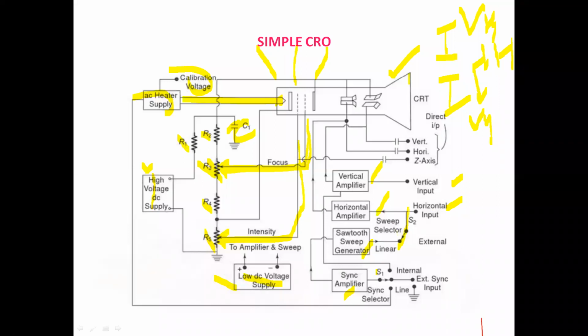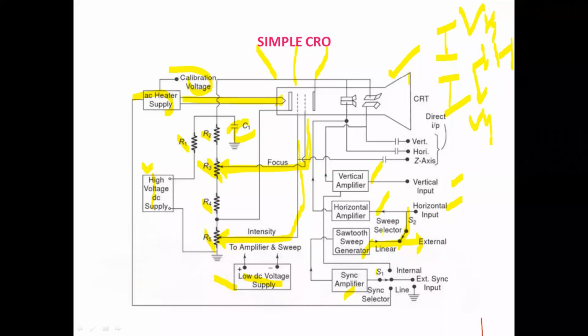Linear means the output of this sawtooth sweep generator, which is a sawtooth waveform, is given to the horizontal input. If it is connected to external, then we have to give an external supply. The sweep voltage is amplified before being applied to the horizontal deflection plate.